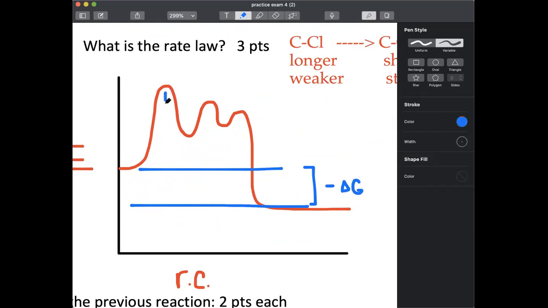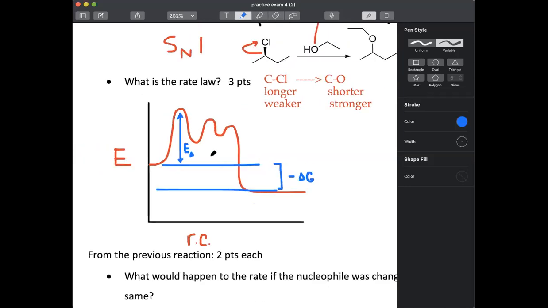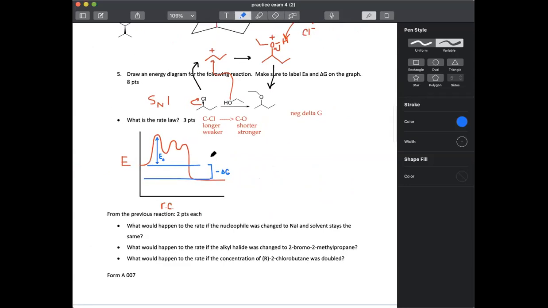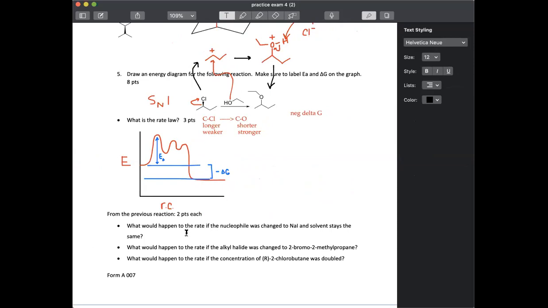And then this portion right here is your EA. I'll just put EA. Okay, I know it's ugly, but all right. So now we're going to answer these other questions.